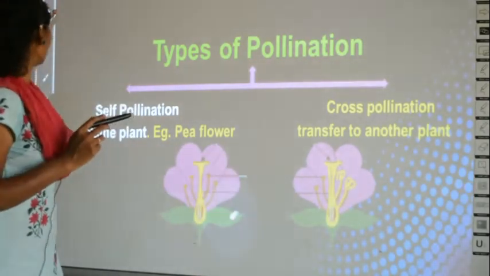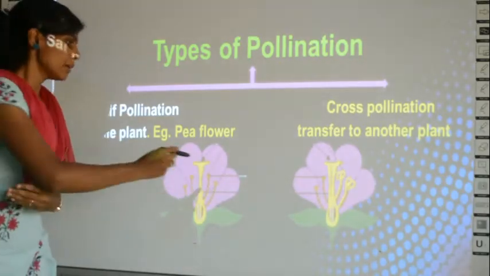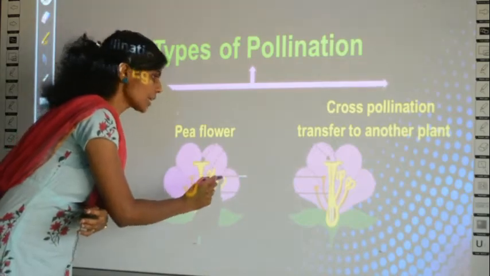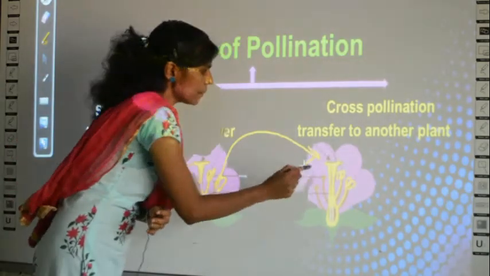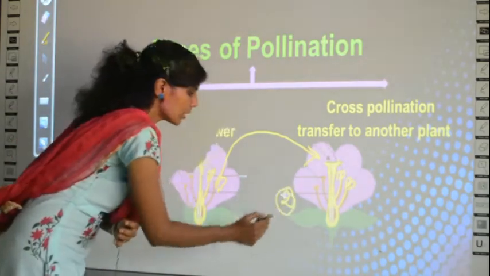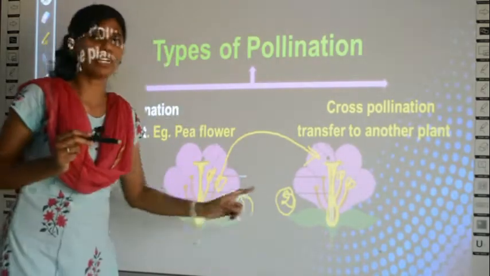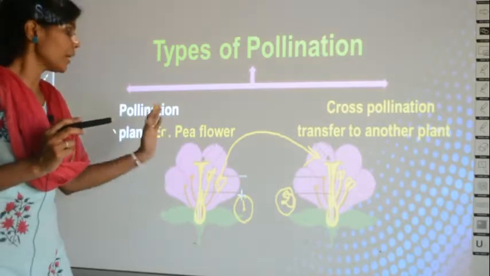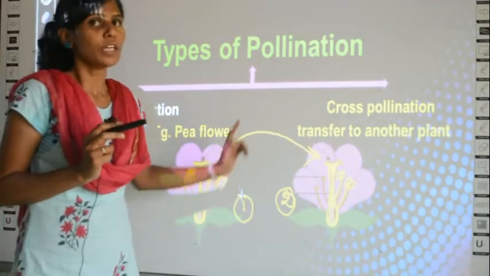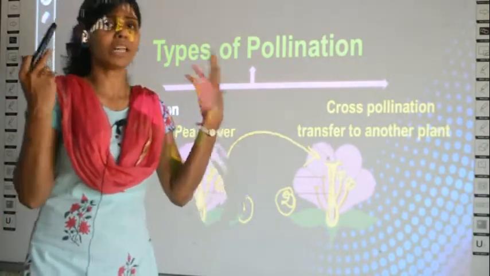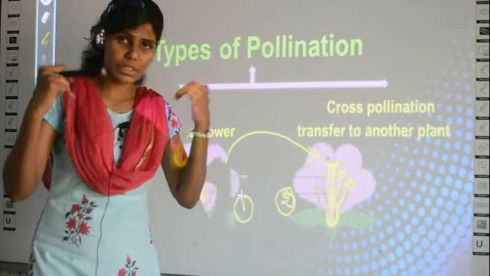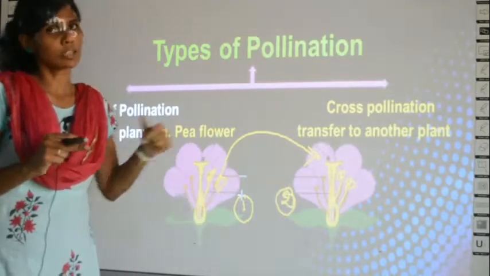Instead, the pollen grains from this flower are going to be transferred to the stigma of flower number 2. I told you this is flower number 1 and this is flower number 2. Instead of getting transferred within the same flower, if it is transferred to flower number 2 or flower number n, to whatever flower it transfers apart from its own flower, it is called cross-pollination.